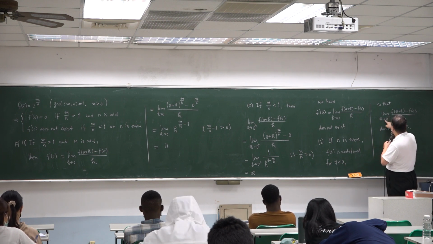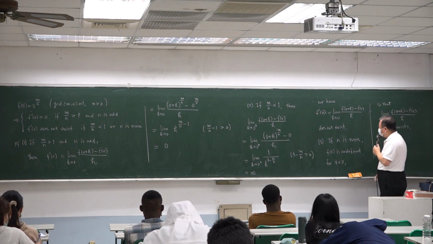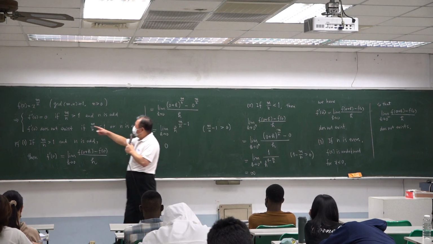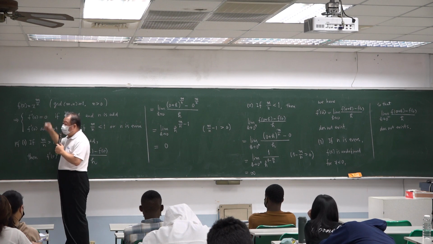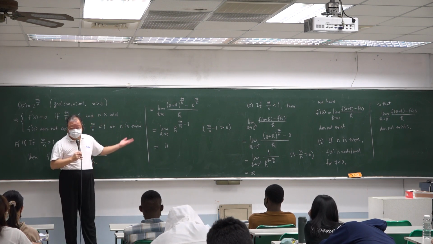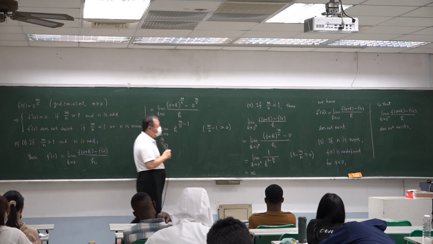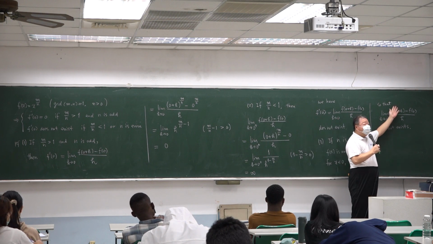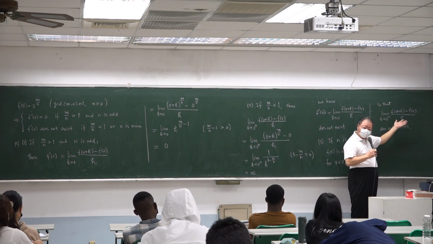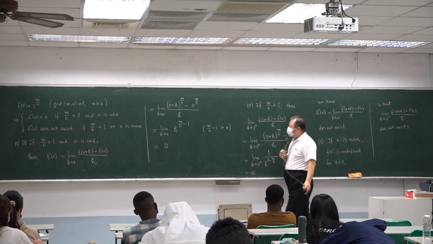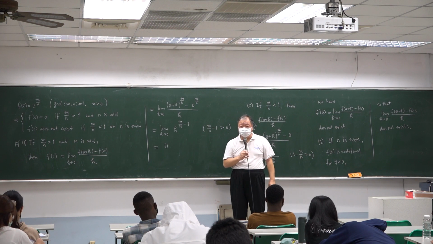Because h approaches 0 from the left, this is a negative number, and because n is an even number, this function is undefined. So the first term is undefined. Undefined does not exist, so the limit cannot be a real number, a finite number. Okay.